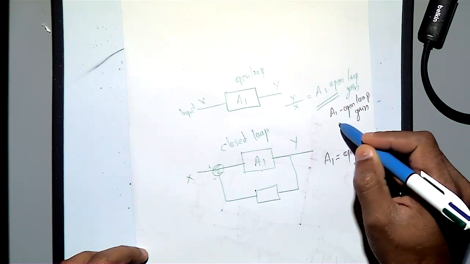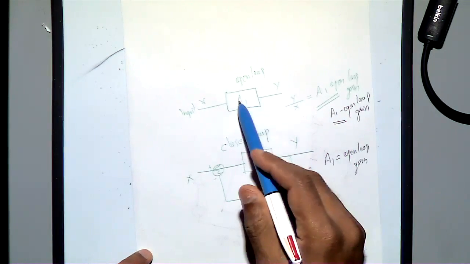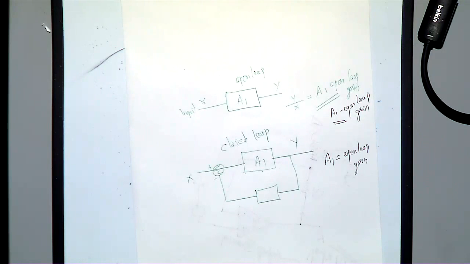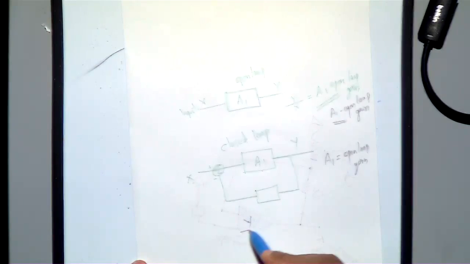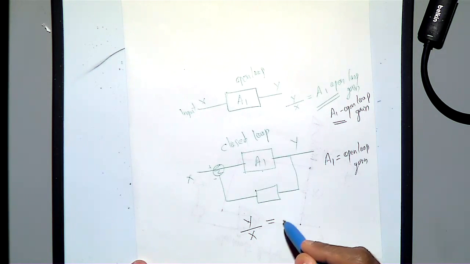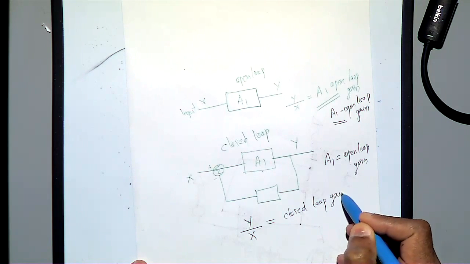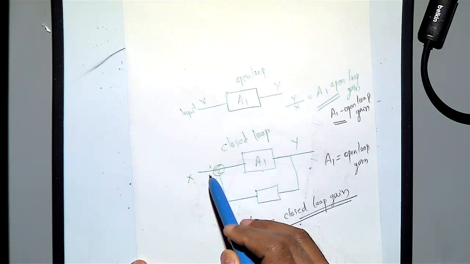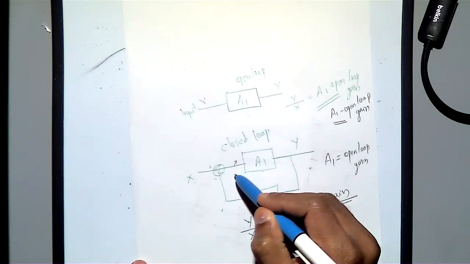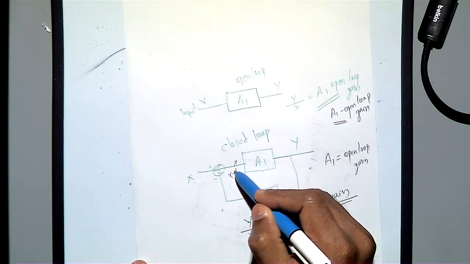Open loop gain means you can't change it, because you put all the resistances, you can't change it. But here you have another gain, Y by X, which is the closed loop gain. Because now the input to the amplifier is not X, it is X minus XF.